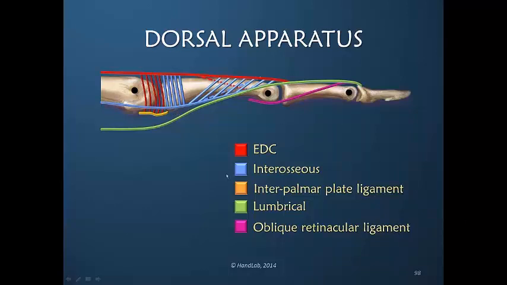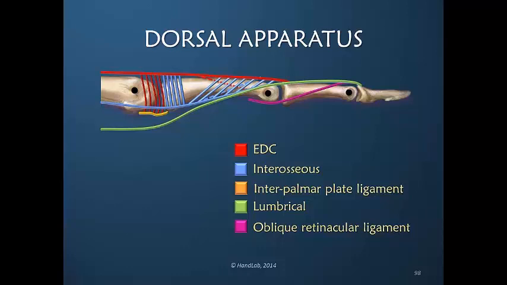This small orange structure represents the interpalmar plate ligament. And the lumbrical muscle is represented by green into the lateral band, always assuming we're looking at a lateral view. And this bright pink represents the passive structure of the oblique retinacular ligament connecting and influencing the PIP and DIP joint motion.